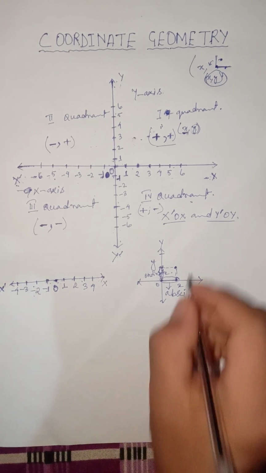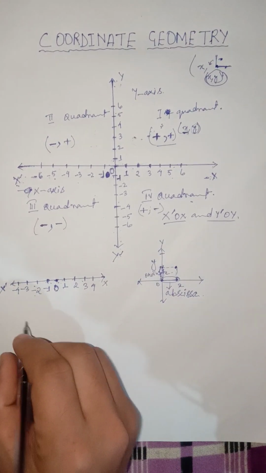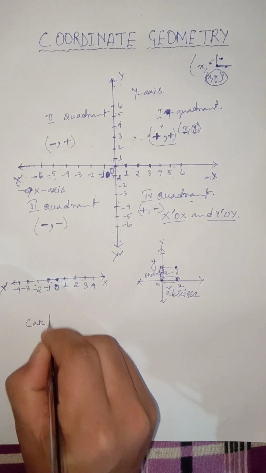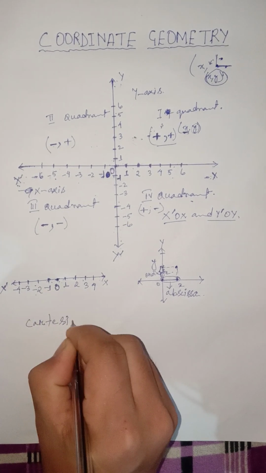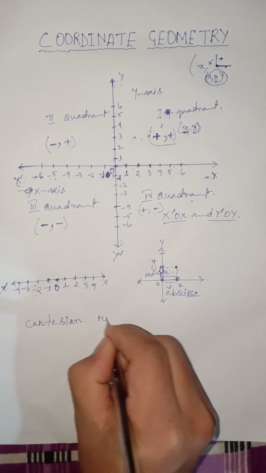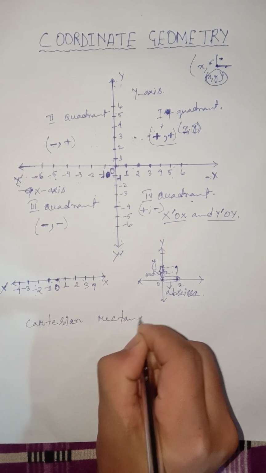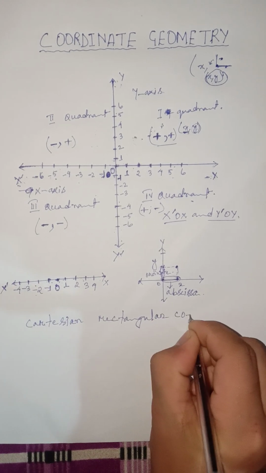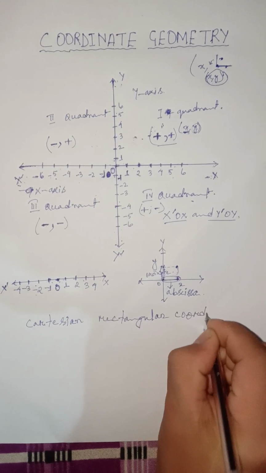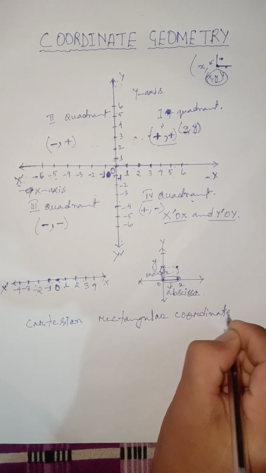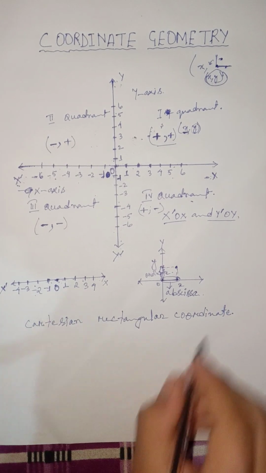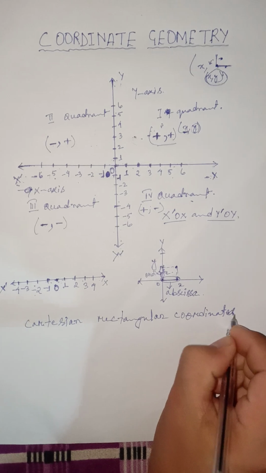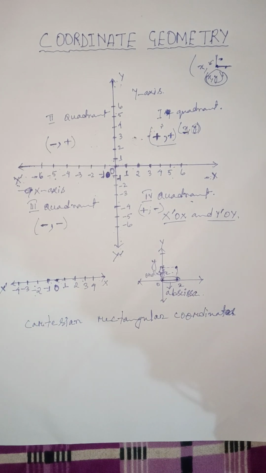Then I will move to the next. At last, we have Cartesian rectangular coordinate. So this is the last topic that we will discuss in this chapter before we move to the exercise.